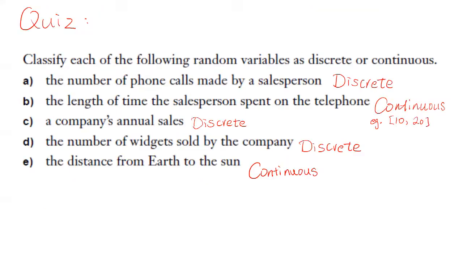Okay. Any questions? Now you should be able to tell what is a random variable and what type of random variable. Is it continuous or is it discrete? You should tell the difference now.